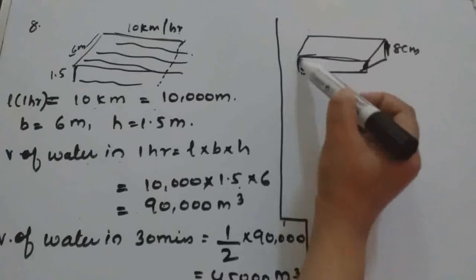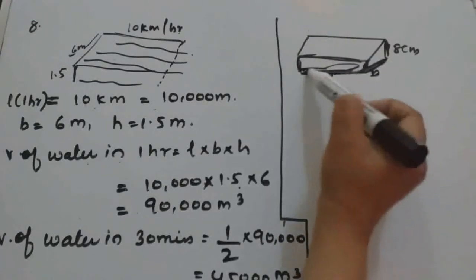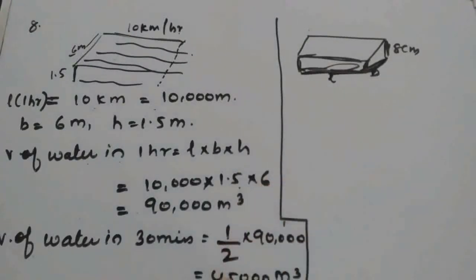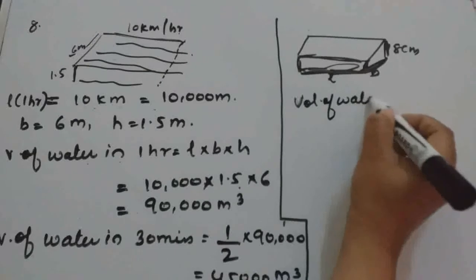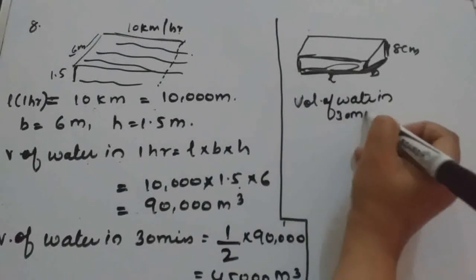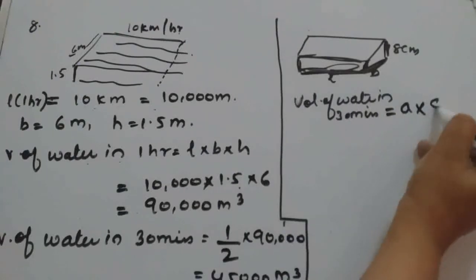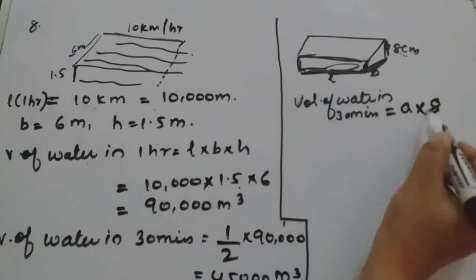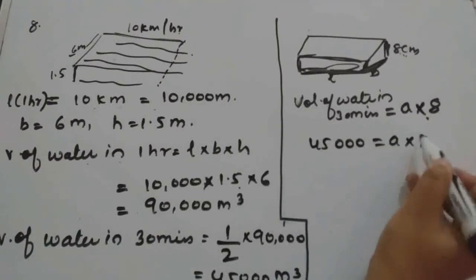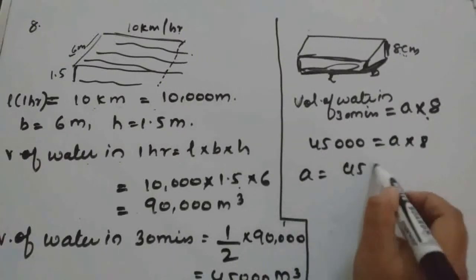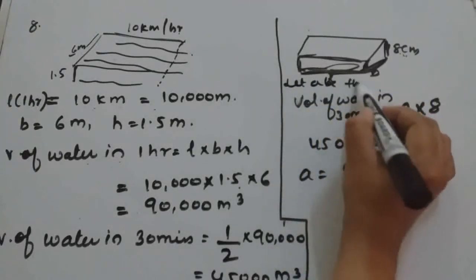So area we should find, means L into B. So volume of water in 30 minutes will be equal to this area into 8 centimeter height. So 45,000 equals A into 8. Let A be the area.